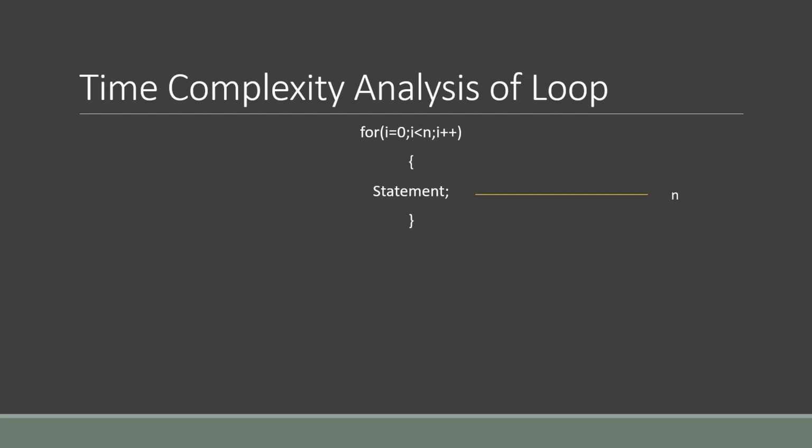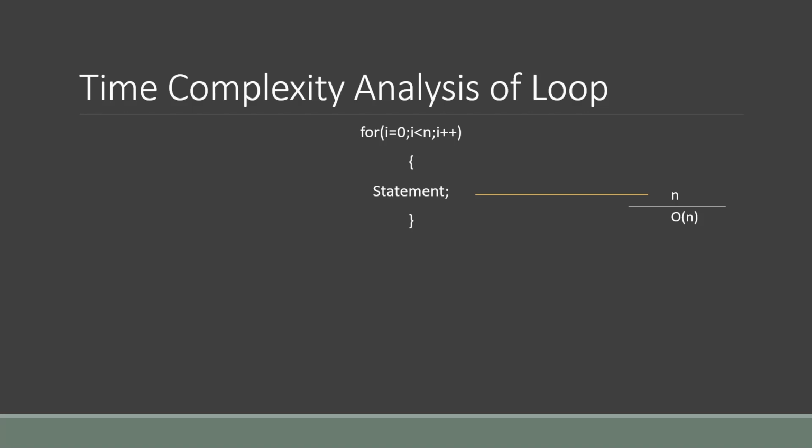So the time complexity of this particular program will be order of n. Obviously, the program will not contain only one for loop; it may contain a couple of other steps, giving, for example, order of n plus a constant value.